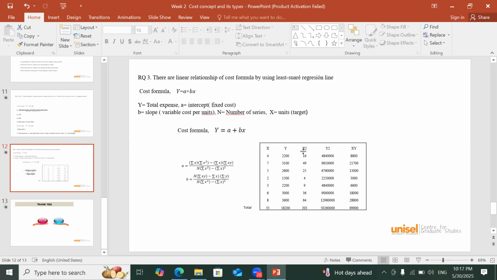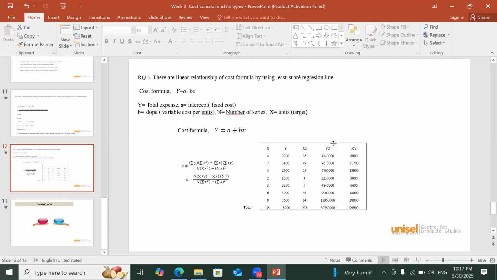Then this is x square, x into x: 4 into 4, 16, 7 into 7, 49, 5 into 5, 25, 2 into 2 is equal to 4, 3 into 3 is equal to 9. This is x square. And xy, x into y, x into y, is the xy line.